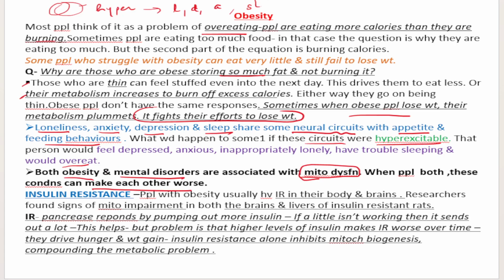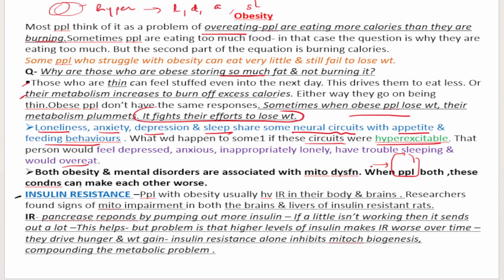Now we come to a very important concept, that is insulin resistance. Insulin resistance means that the cells become resistant to insulin. The cells become such that they don't allow insulin to enter. So in this case, cells will fail to derive energy from the glucose metabolism.